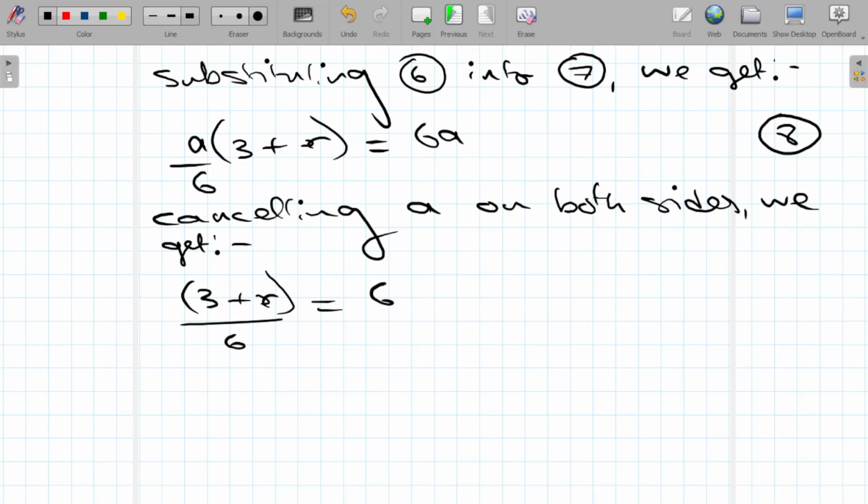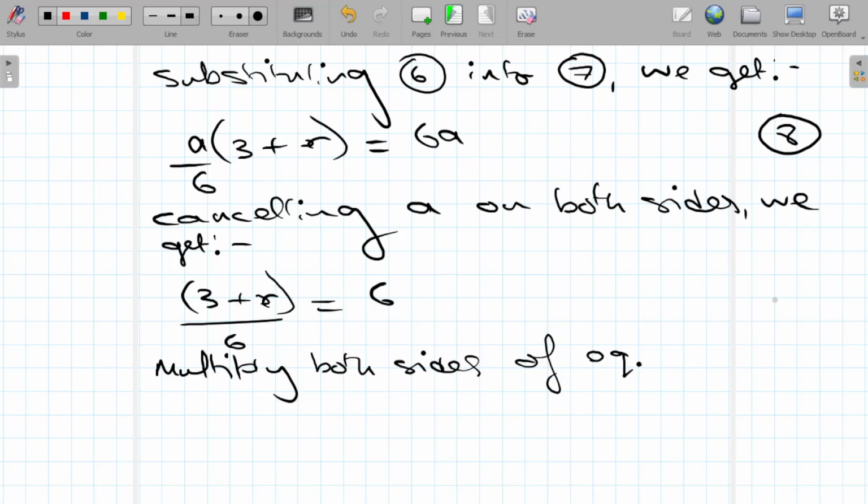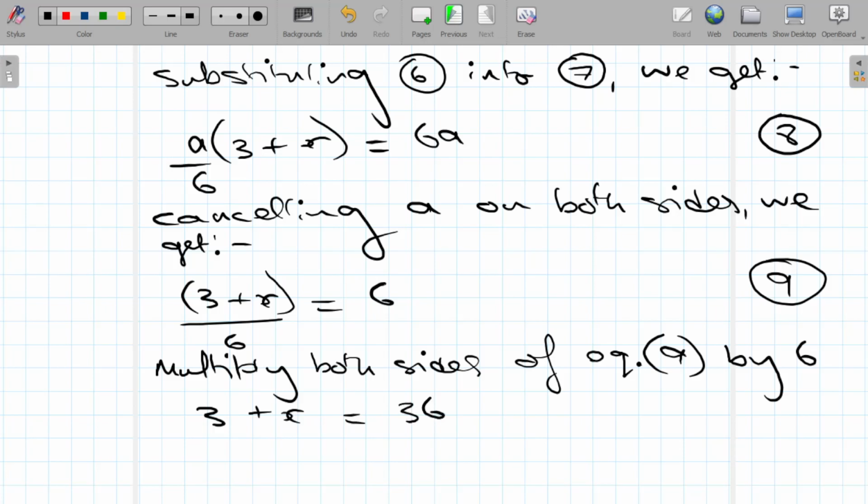Now, all we have to do is multiply both sides by 6. Both sides of, what equation number shall we give it? We'll call that equation 9. So this is equation 9, and we're multiplying that by 6 to get 3 plus x equals 36, right?